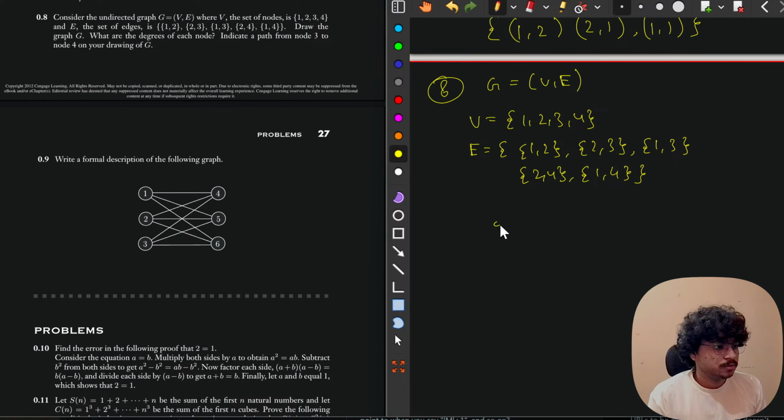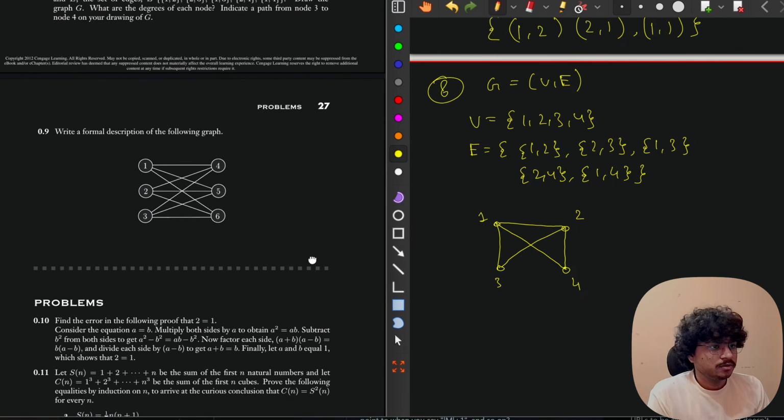So let's make 1, 2, 3, 4. Connect 1 and 2. Connect 2 and 3. Connect 1 and 3. Connect 2 and 4. Connect 1 and 4. Indicate a path from... what are degrees of each node?